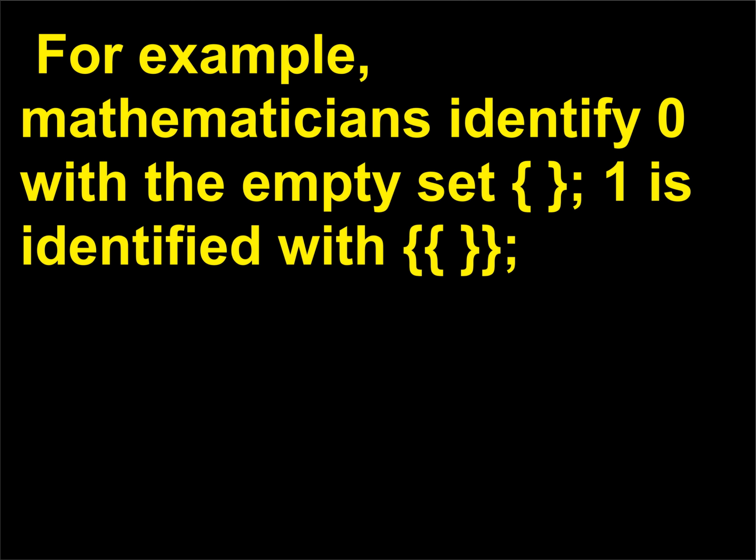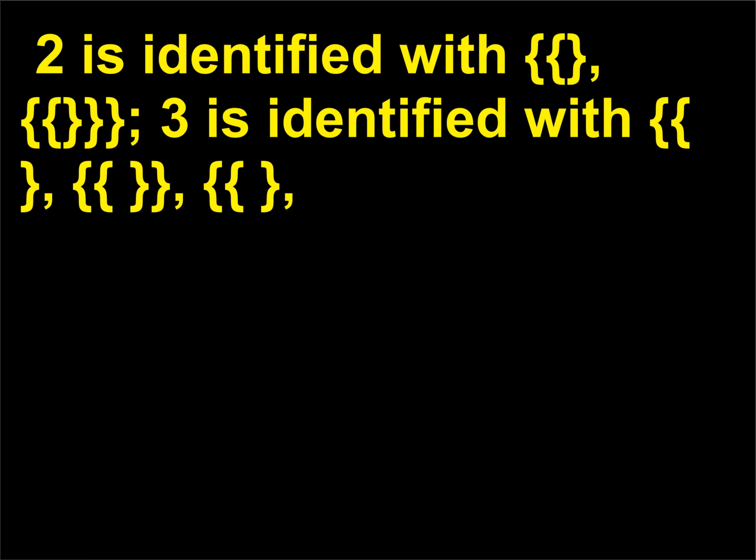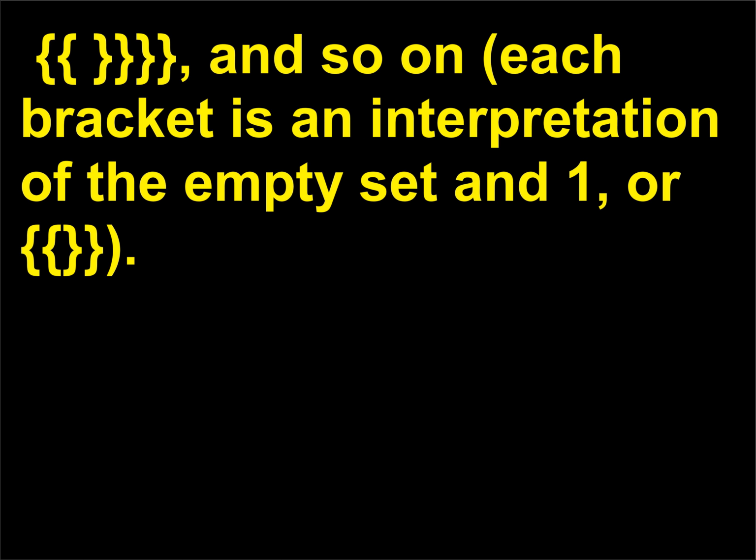For example, mathematicians identify 0 with the empty set, 1 is identified with the set containing the empty set, 2 is identified with the next set, 3 is identified with the next, and so on. Each bracket is an interpretation of the empty set.